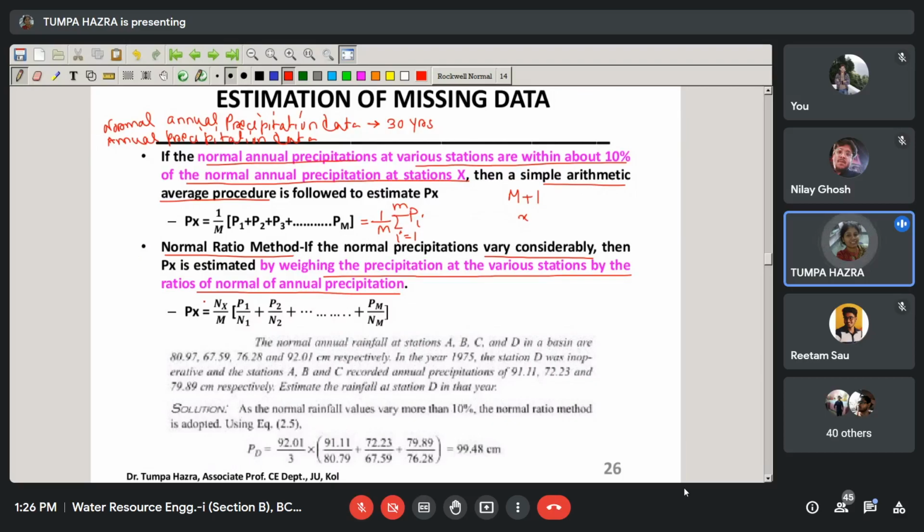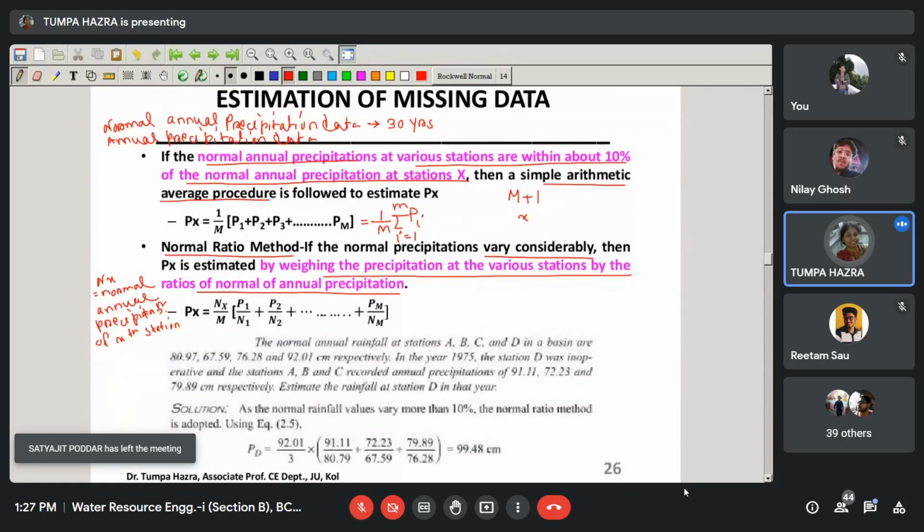Px will be Nx by m into (P1 by N1 plus P2 by N2 plus ... plus Pm by Nm). Nx is the normal annual precipitation of x station, P1 is the annual precipitation of the first station and N1 is the normal annual precipitation of the first station.